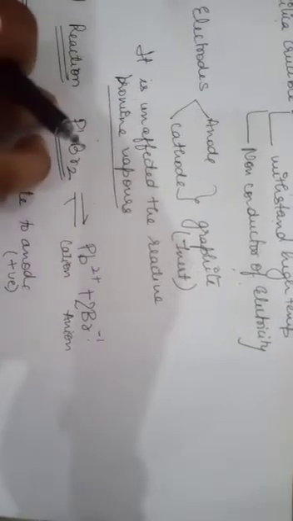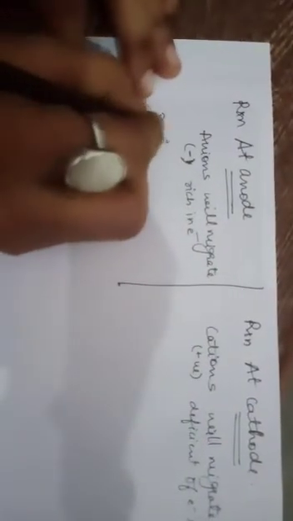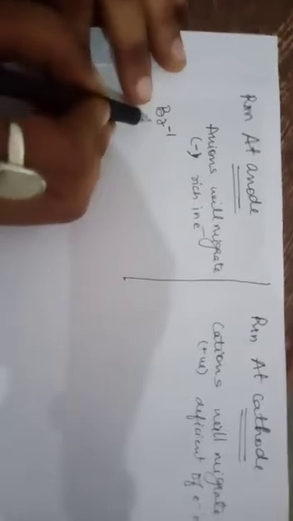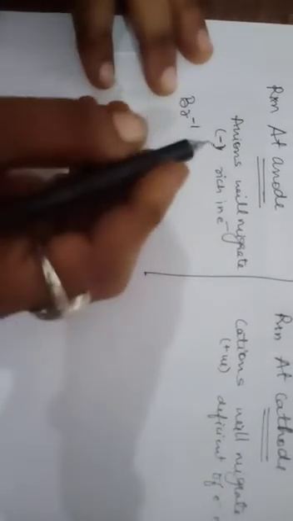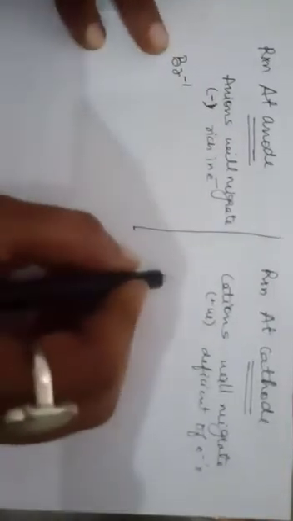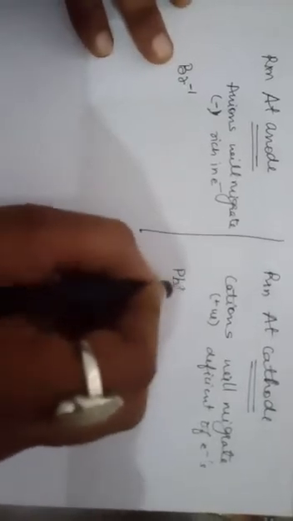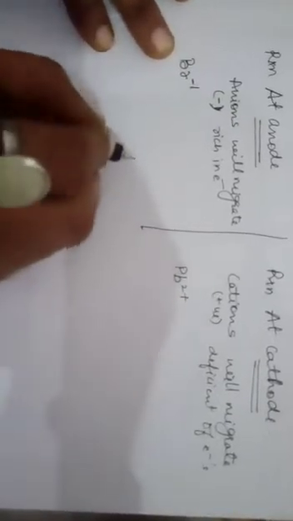It is a melted form. So purely Pb2+ and Br- ions are present. So bromine ions, Br-, will migrate to the anode. Yes or no? And here Pb2+ will migrate.